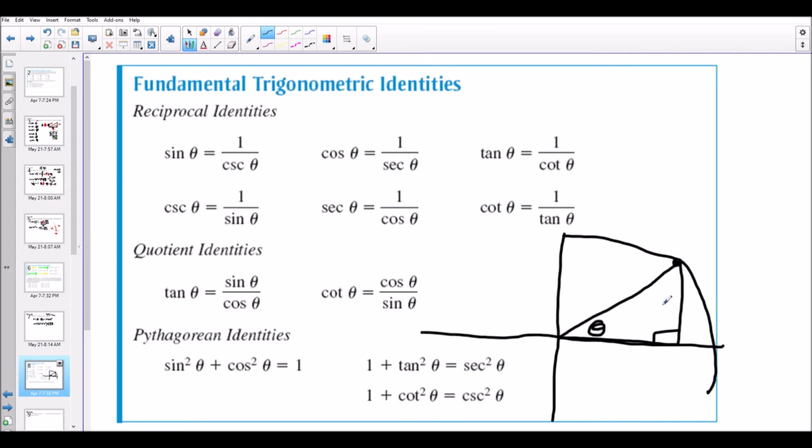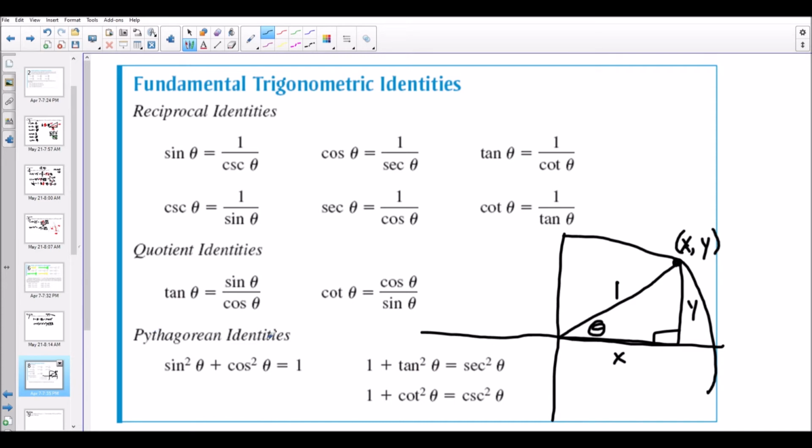The whole idea is that this side of your right triangle would be equal to the y value, and this side down here would be equal to the x value of this particular coordinate over here. And this is going to be equal to the radius, which in the unit circle is always 1.